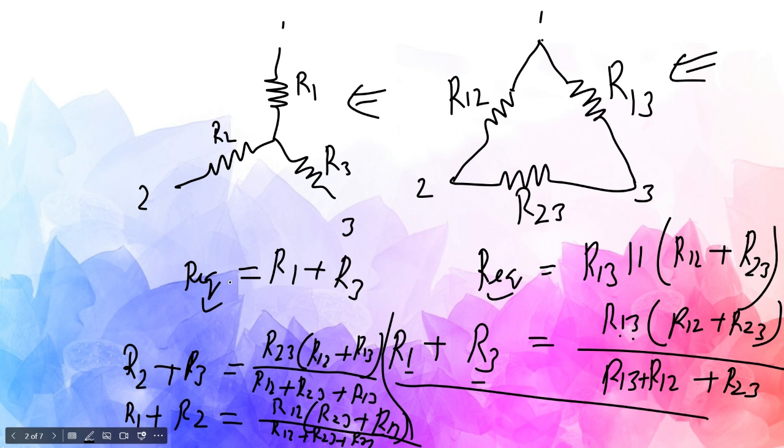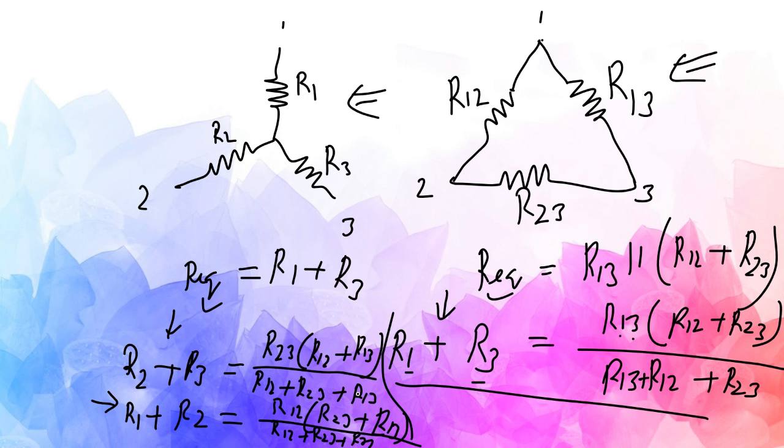So these are three formulas. Now look at it. There are three equations, right? This is equation 1, this is equation 2, and this is equation 3. So with these three equations we have to find out three things.